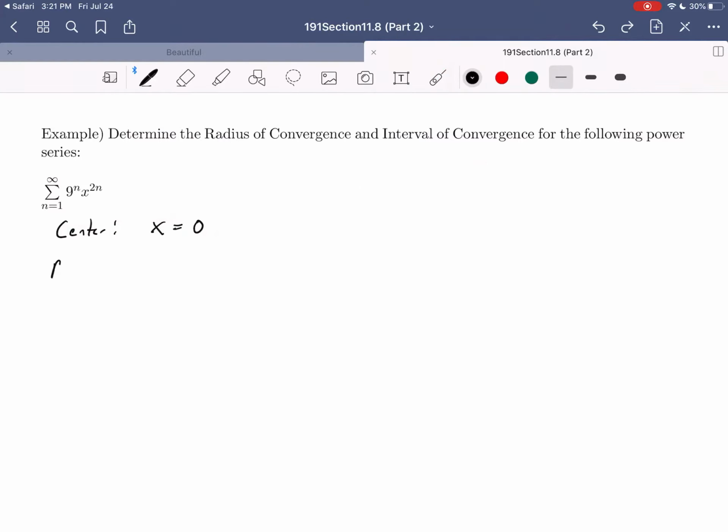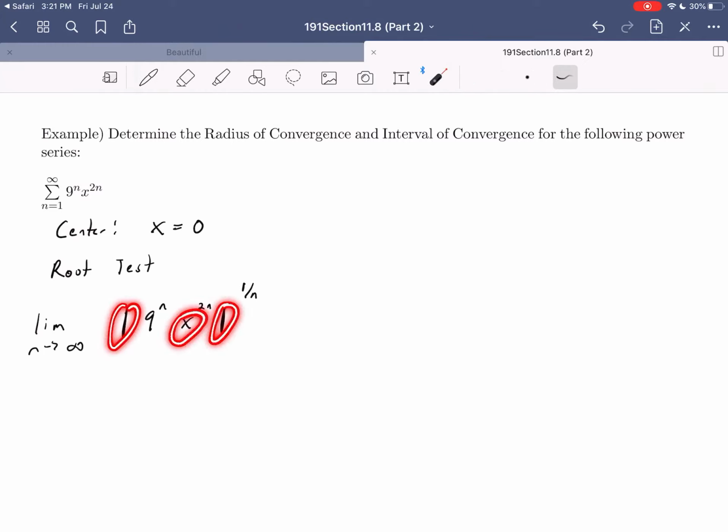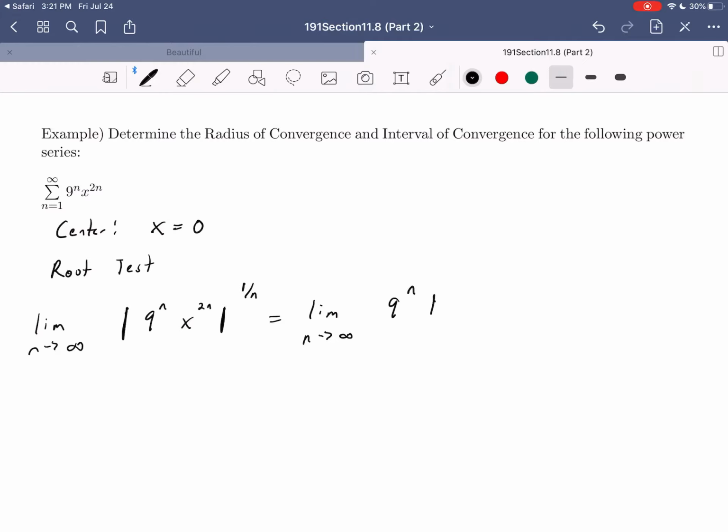Okay, let's now use the root test. We're going to take the limit as n goes to infinity of the absolute value of 9 to the n, x to the 2n, all to the 1 over n. The absolute value, of course, applies just to that x. So this is the limit as n goes to infinity of 9 to the n, absolute value x to the 2n, all to the 1 over n.